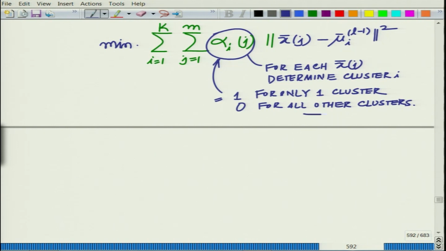So, in that sense, this is a hard partitioning algorithm. What I mean by that is, in each iteration it assigns a point to only one particular cluster, it cannot assign it to multiple clusters, right. So, alpha I j equal to 1 only for one cluster, and it has to be 0 for all the other clusters for any point.